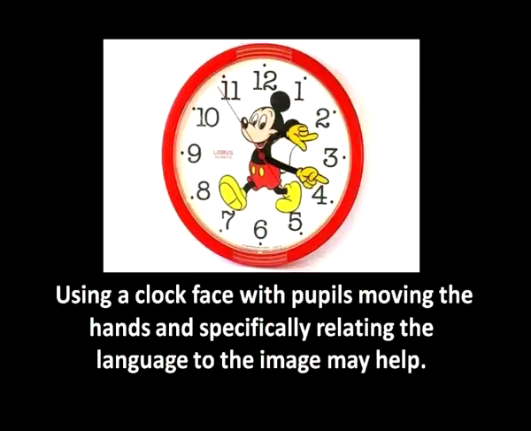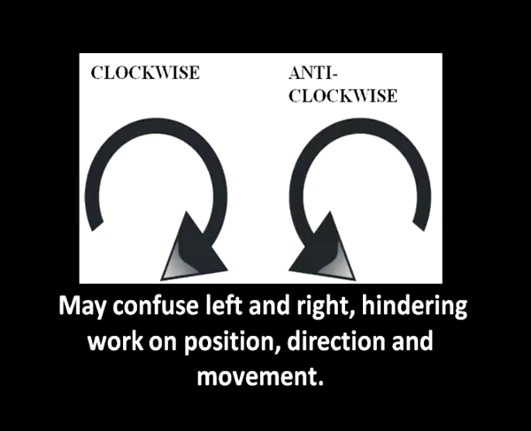Using a clock face with pupils moving the hands and specifically relating the language to the image may help. The introduction of digital representation may be supported in the first instance by a set of personal sequencing cards. They may confuse left and right, hindering work on position, direction and movement.